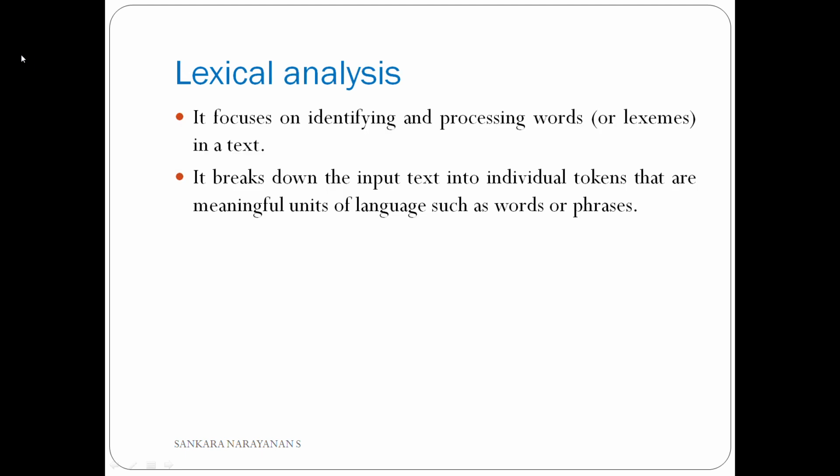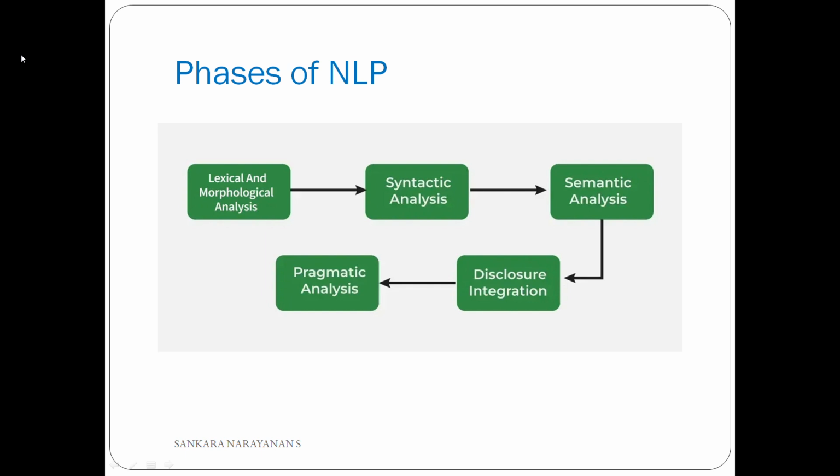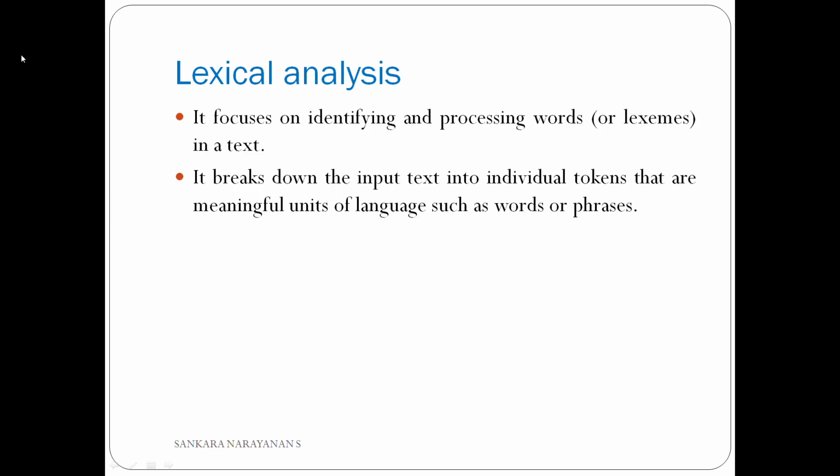The first phase is lexical and morphological analysis. There are two parts here: lexical analysis and morphological analysis. First, I will tell about lexical analysis. Lexical analysis focuses on identifying and processing words in a text. For example, if I have "I'm going to Madurai", here I have so many lexemes: I, am, going.